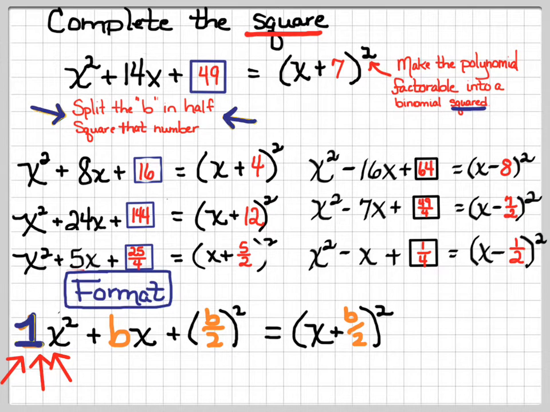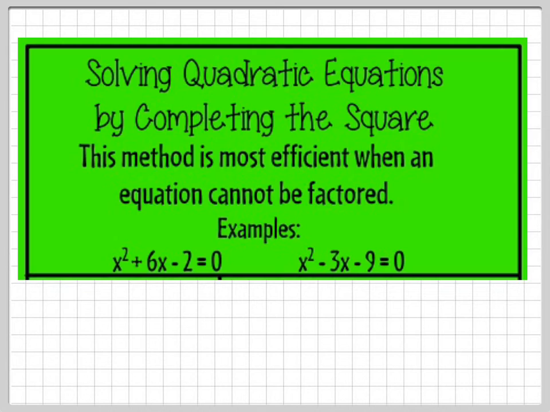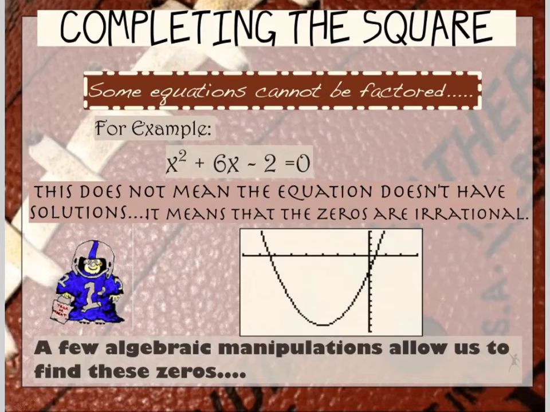All right, so let's keep going here. When you're solving quadratic equations by completing the square, we're going to go through a few steps on how to do that. All right, completing the square. Sometimes equations cannot be factored. For example, if we look at this, there's no factors of 2 that subtract to equal 6, which means that the x-intercepts are just not rational.